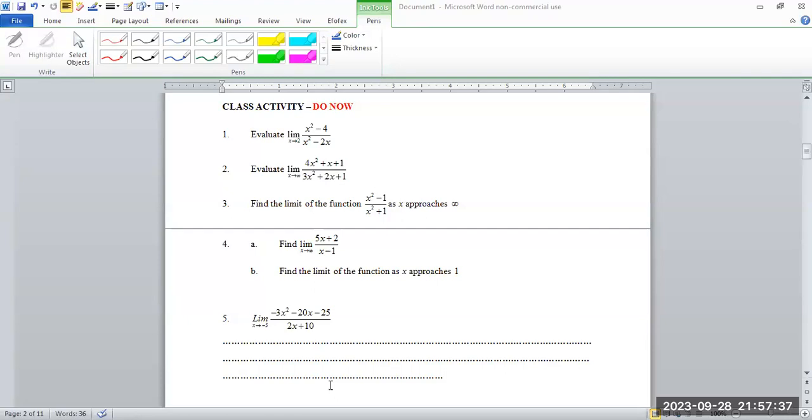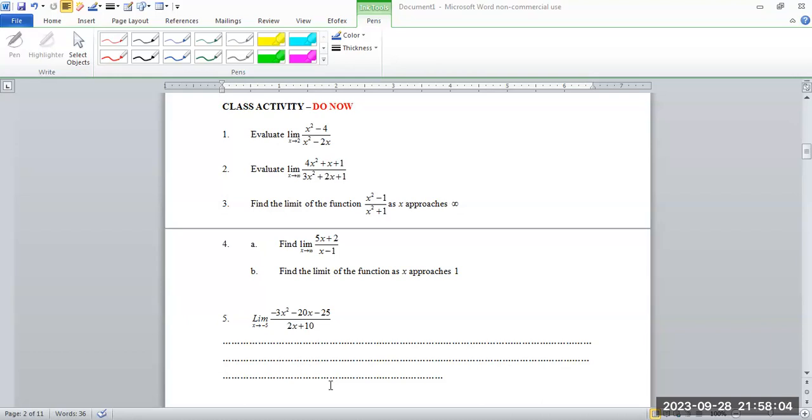Search for the highest power of x and use that power of x, then divide by it, right? That's what you've been doing all along. So what is the power here, sir?